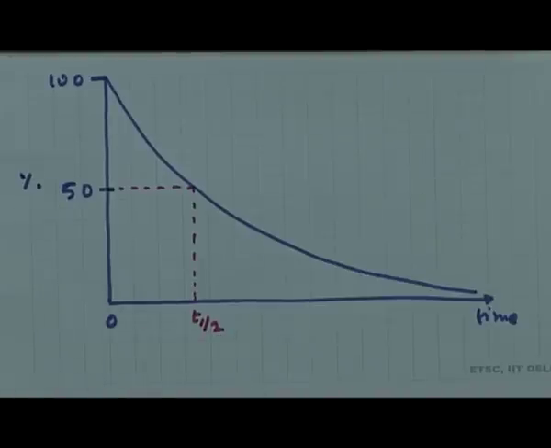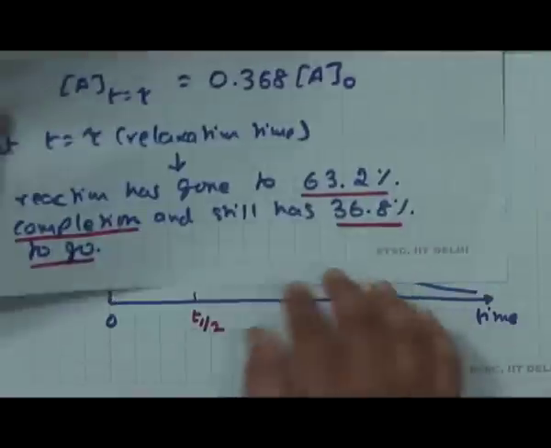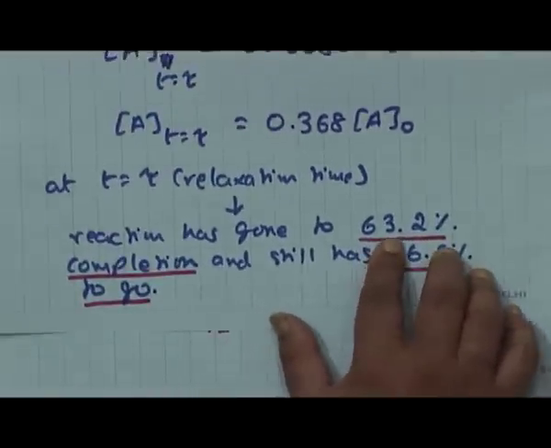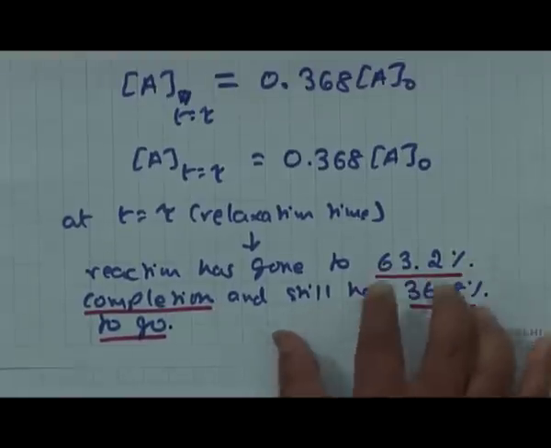Now, remember the relaxation time. What did the relaxation time say? The relaxation time said that I would decrease to about 63% of my initial value. That means the reaction is gone to the extent of 63.2%.